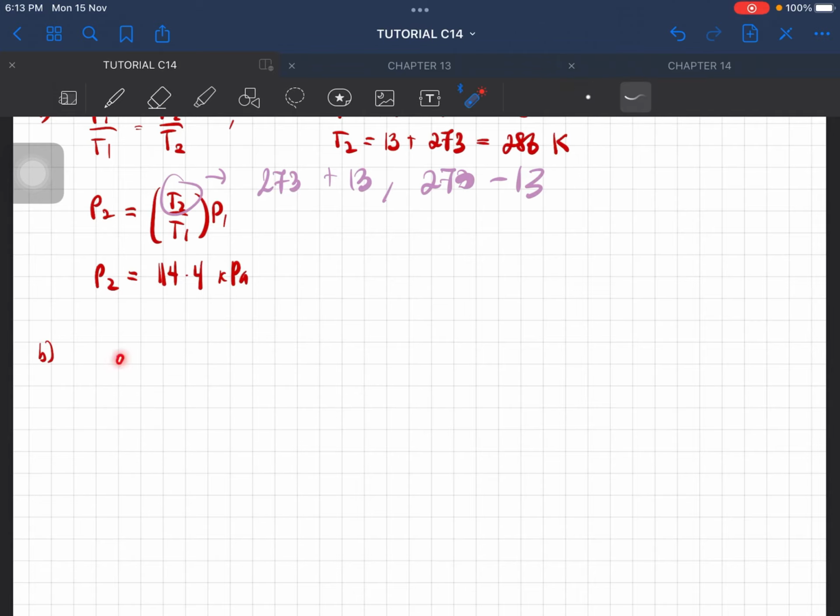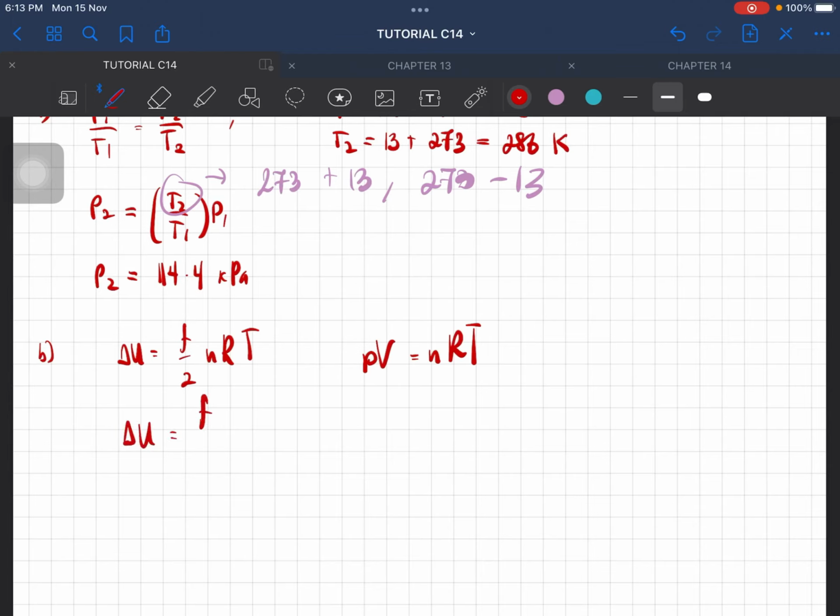Alright, no, sorry. Okay, so we are just gonna use the delta U formula, which is F over 2 nRT, right? So nRT we can get from PV equal to nRT. So just delta U equal to F over 2 PV.